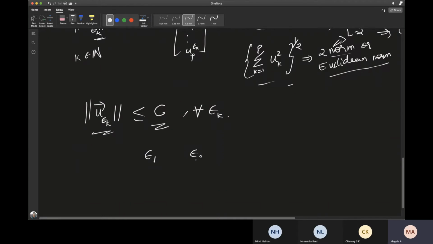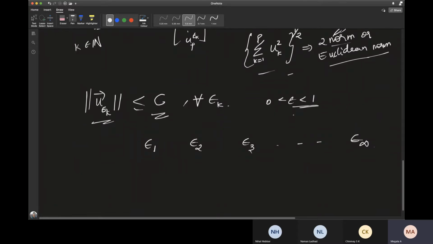One nuance: we have not stated how small epsilon has to be. Let's say we just consider epsilon to be less than 1, so epsilon lies between 0 and 1.